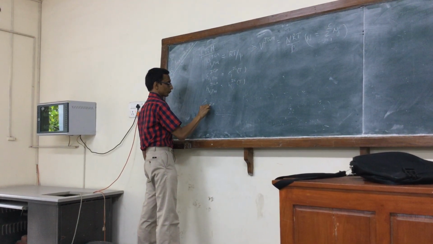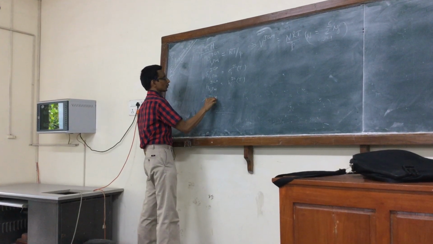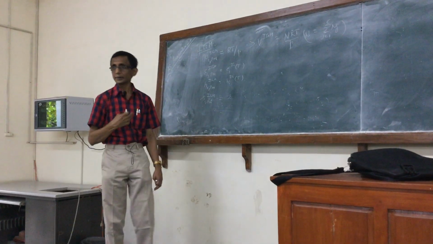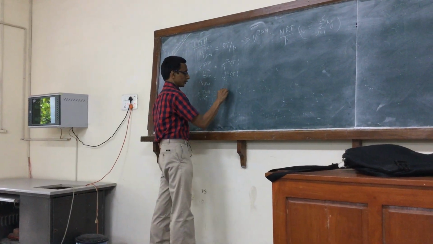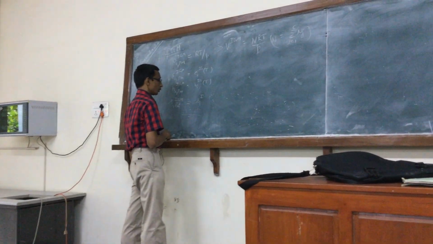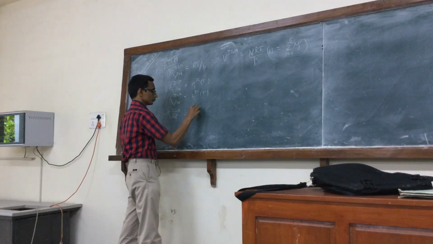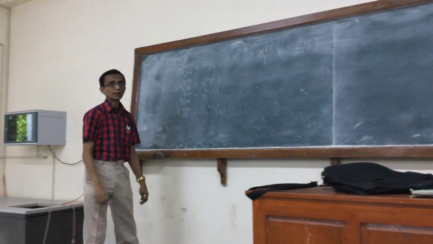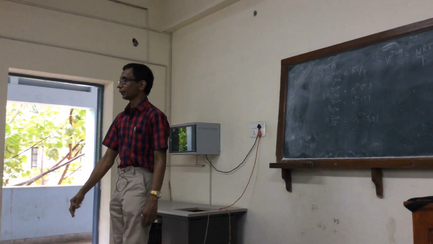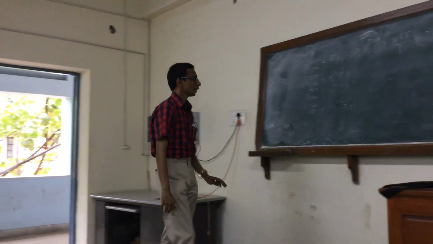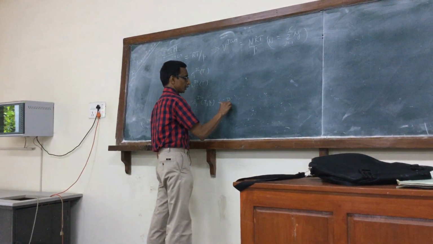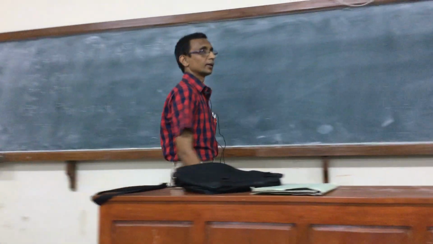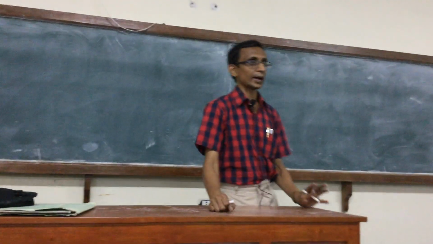Now for the ideal gas mixture, the partial molar entropy of each component is given by the specific entropy of the ideal gas at the same temperature and pressure as the ideal gas mixture, plus or minus a logarithm of yi, where yi is the mole fraction of the component i in the ideal gas mixture.